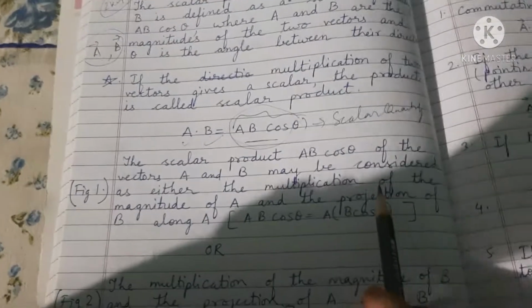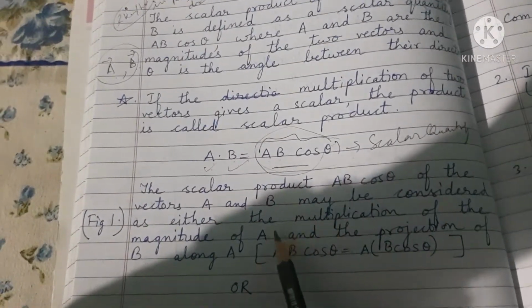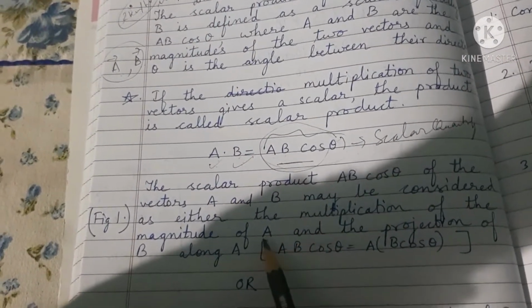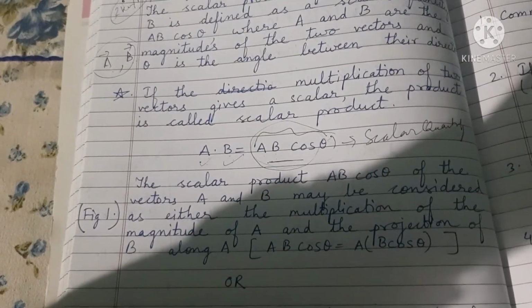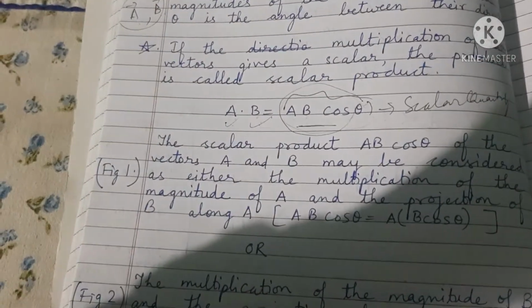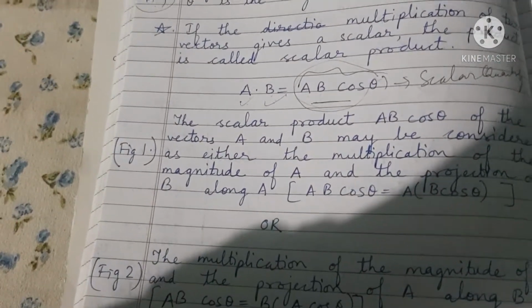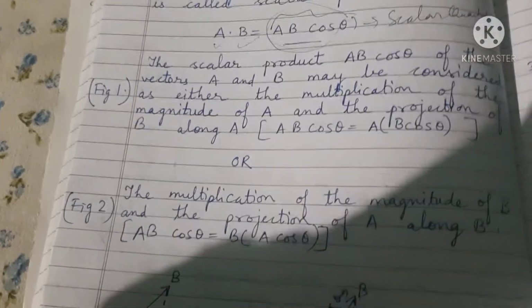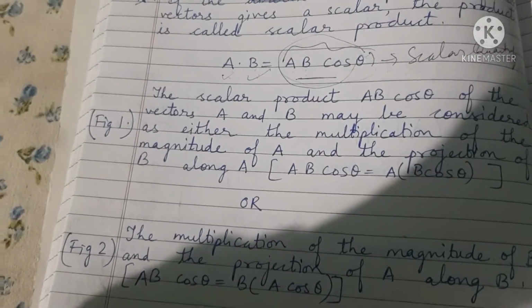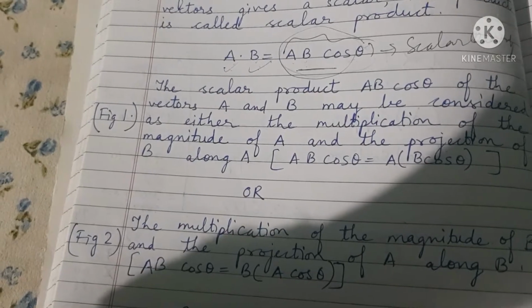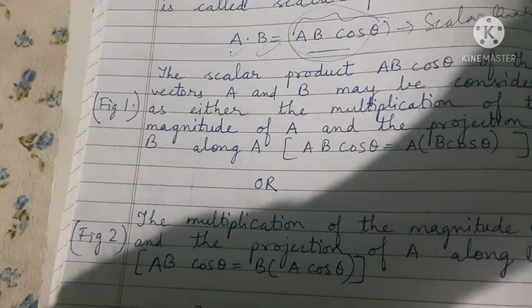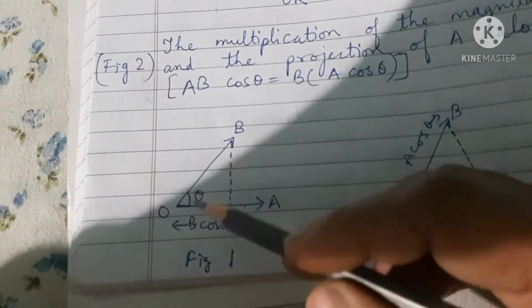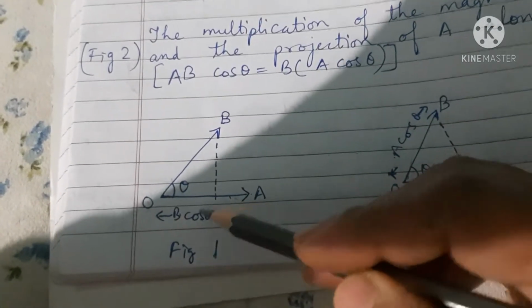The scalar product AB cos theta of the vectors A and B may be considered as the multiplication of the magnitude of A and the projection of B along A. You can see here, this is A, and the projection of B along A is B cos theta.